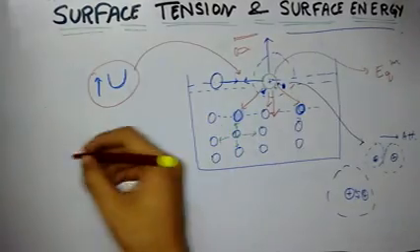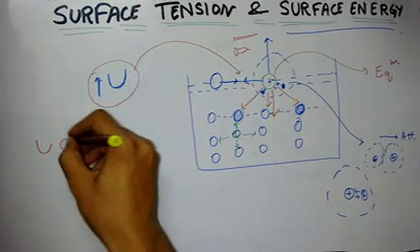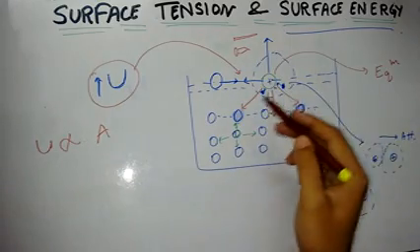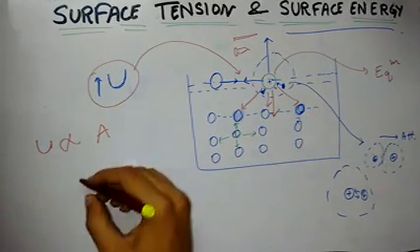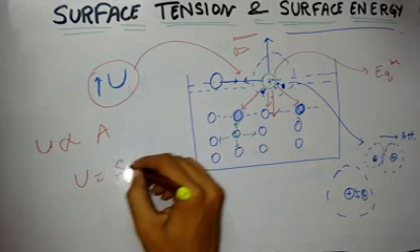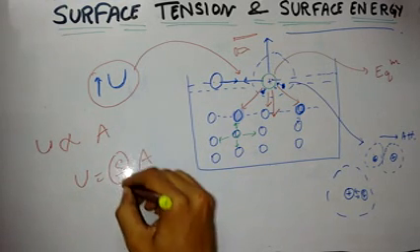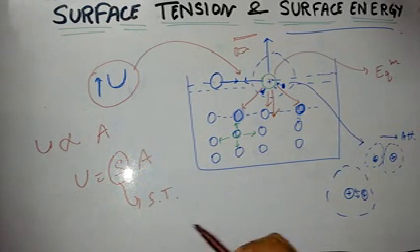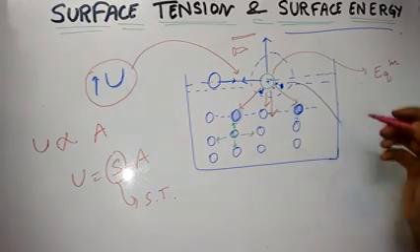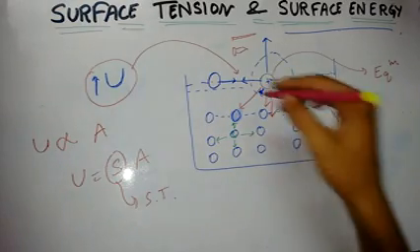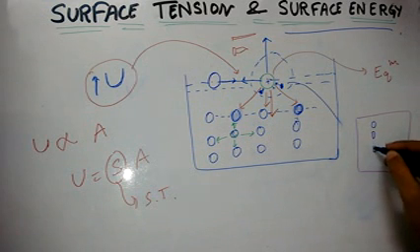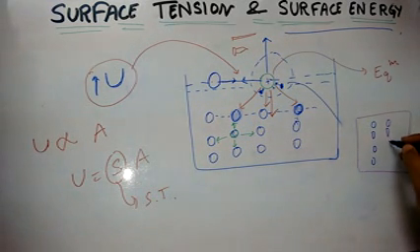Now U is proportional to A, where A is the surface area. So U is proportional to A. U is equal to SA, where S is the surface tension. Now have an upper view of the surface like this. These are the molecules, and these are the molecules.